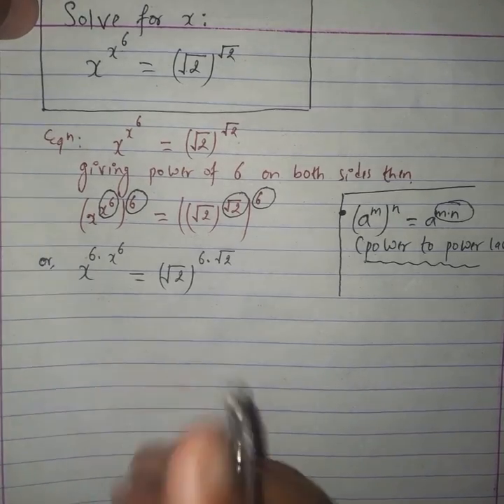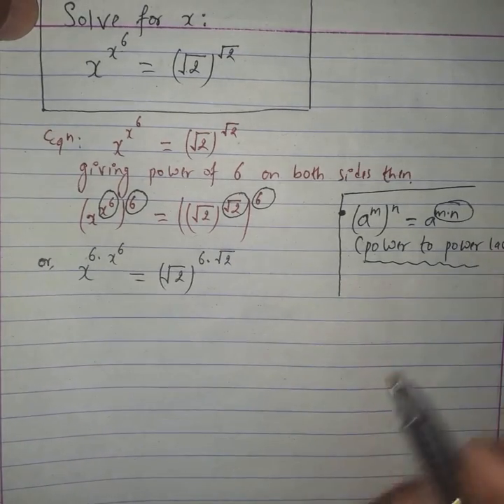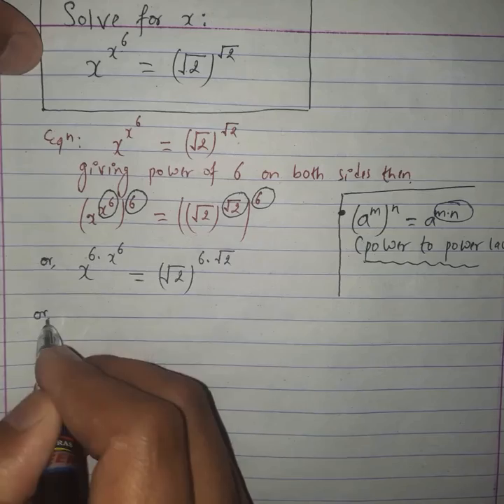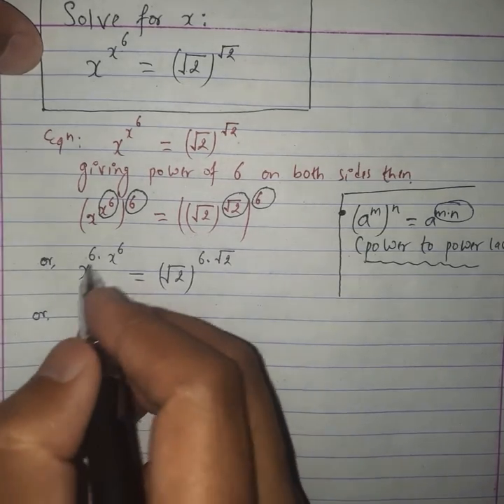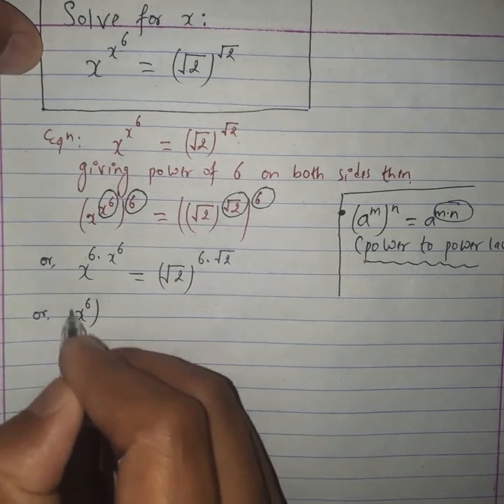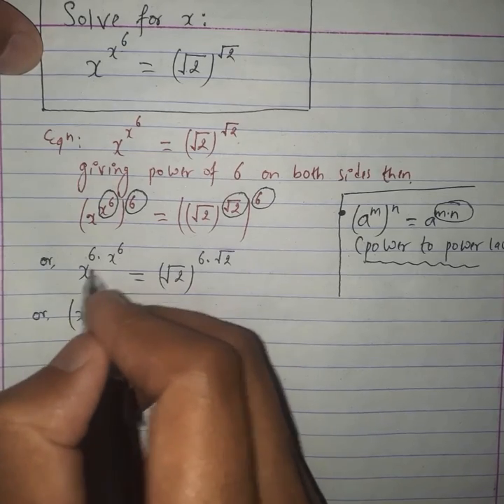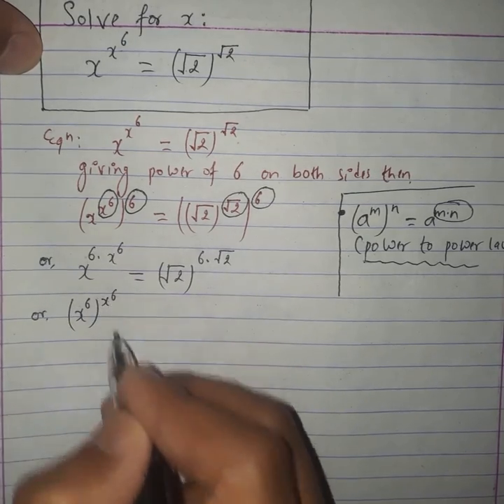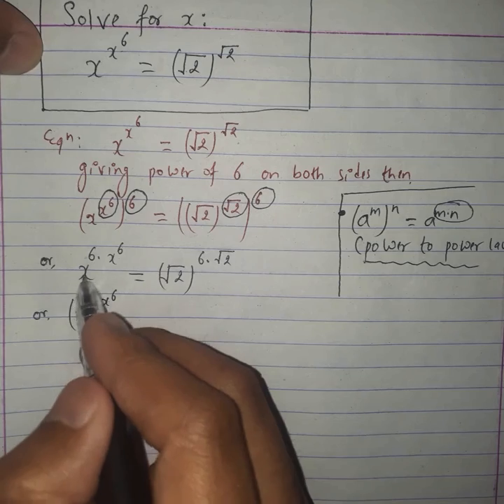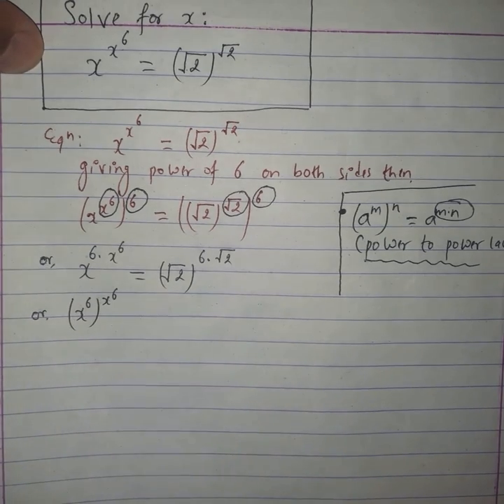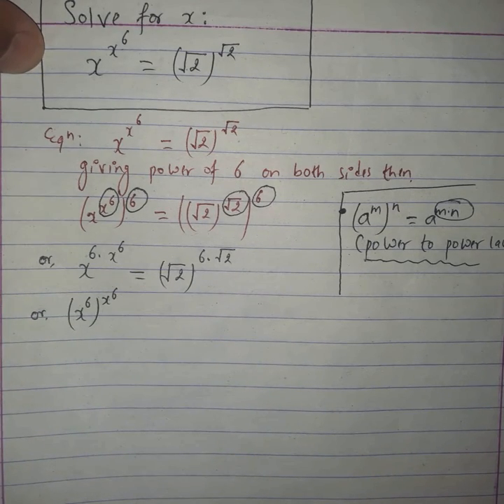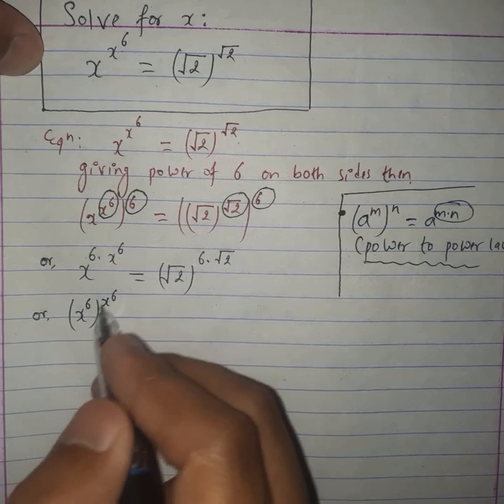In this step we just multiply the powers by this rule, and this can be further simplified as x raised to the power of 6, again raised to the power of x to the power of 6.